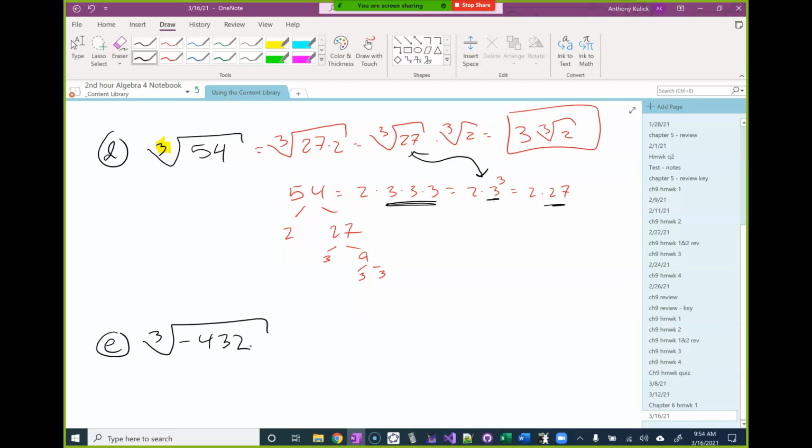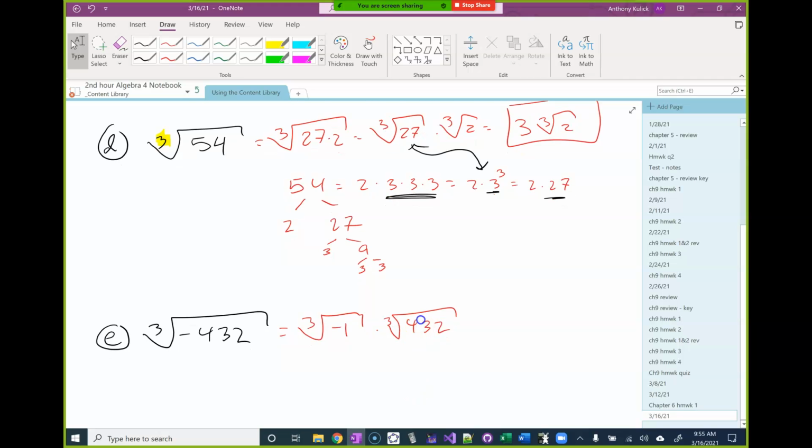See any perfect cubes? Okay, let's do a prime factorization and go hunting then. So 2 and 2, 16. Oops. 108 and 2. Okay. How about 4?